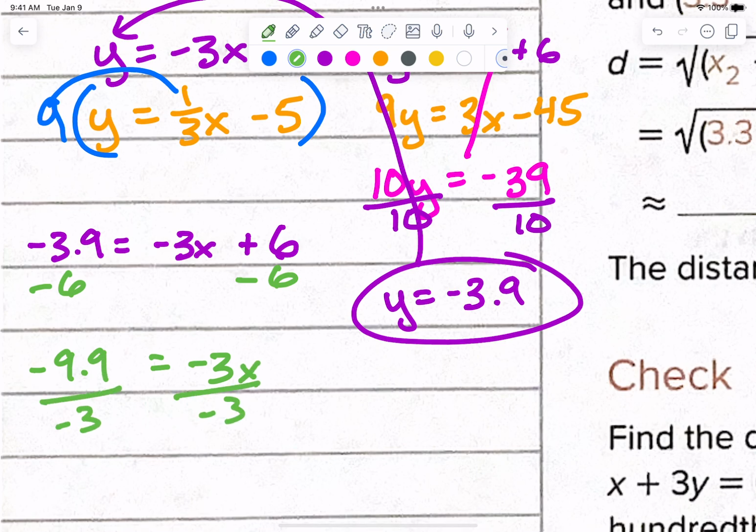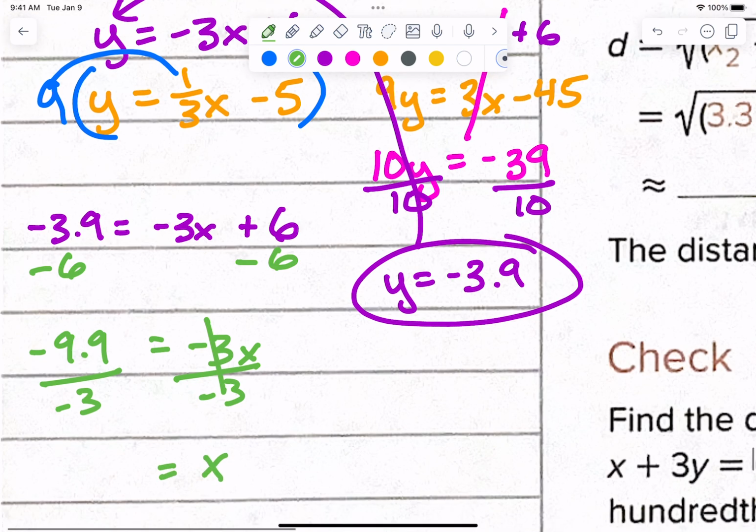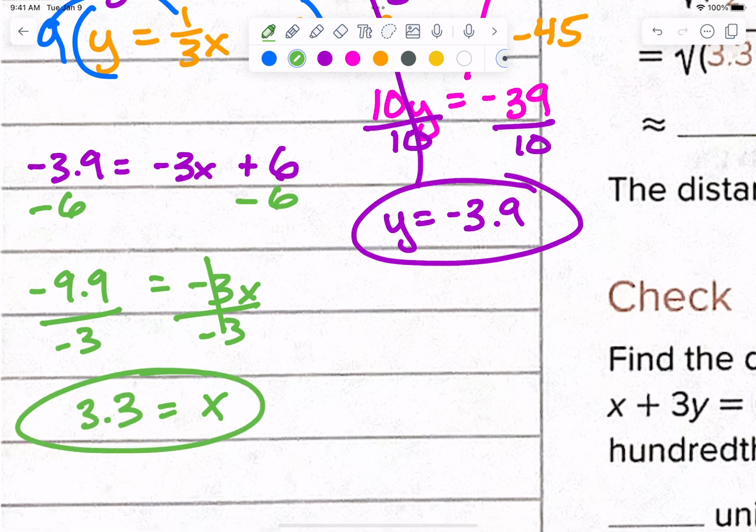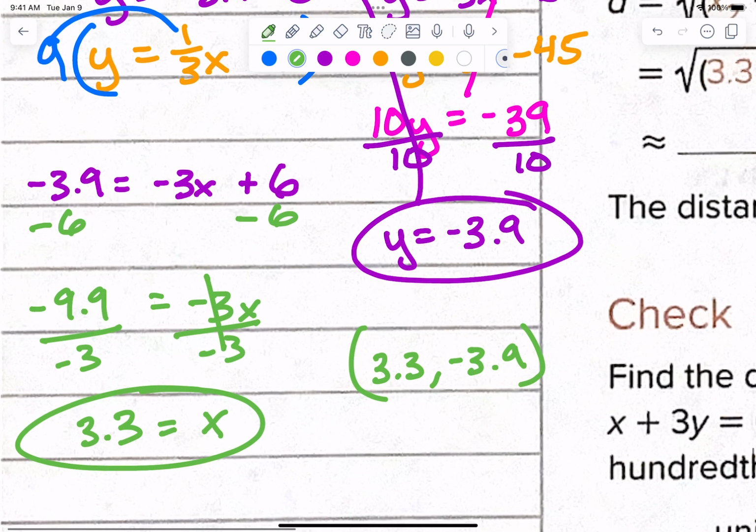What's 9.9 divided by 3? 3.3. Is it positive or negative? Positive 3.3. So the coordinate point is 3.3 comma -3.9. That is so disgusting. I'll pause there so you can get that written down, and then we'll move over and see what we have left to do, because there's one more little thing we got to do.